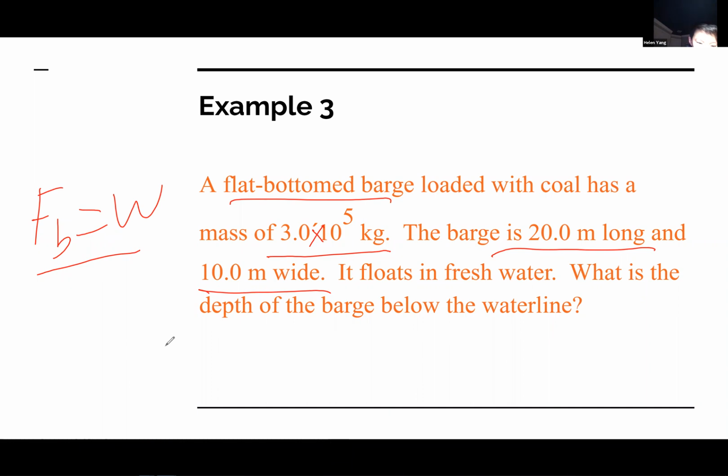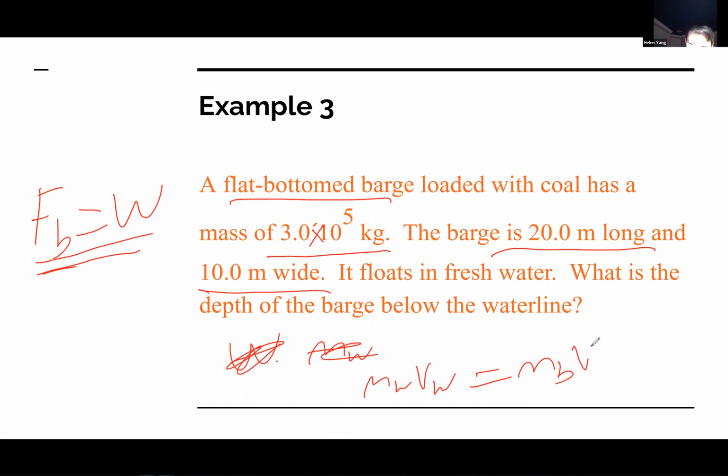Since you know that the buoyant force is equal to the weight, you can write the mass of the water displaced times g is equal to the mass of the barge times g.